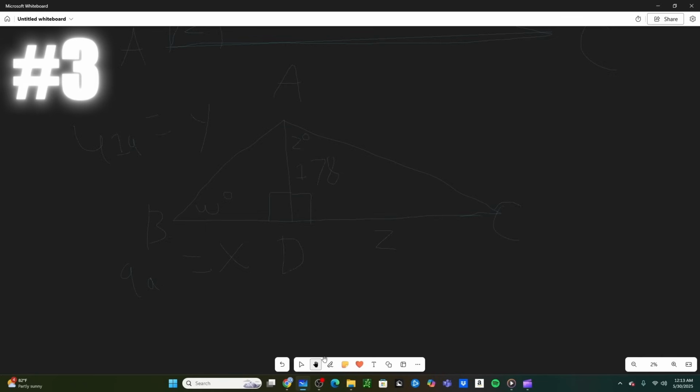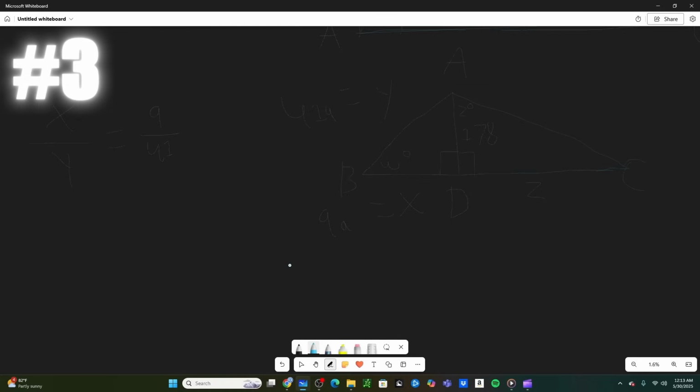Well, we know that the ratio of x, which is right here, to y is 9 to 41. So, therefore, we can say that x over y is equal to 9 over 41, then that means that x and y would be some kind of multiples of 9 and 41, right?